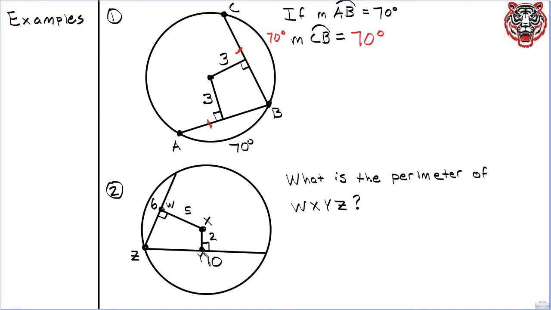And perpendicular bisectors are always cut in half, so if this was 10, then this must be 5. If this was 6, this must be 3. And then I can add all these together. 3 plus 5 plus 5 plus 2 is 15. So the perimeter is equal to 15. And that's it for the notes.